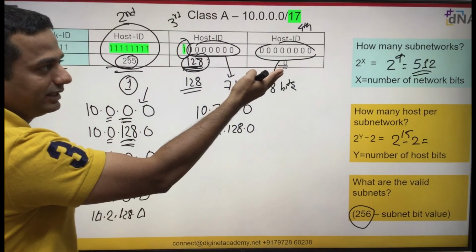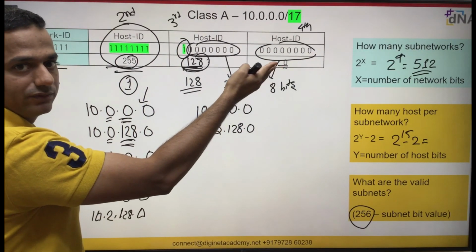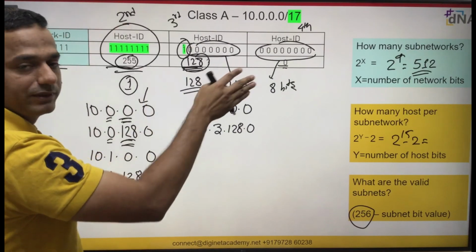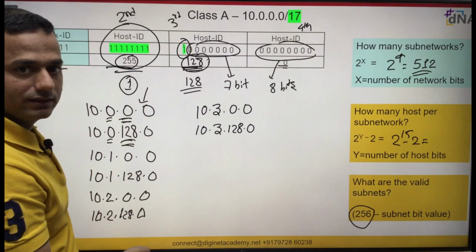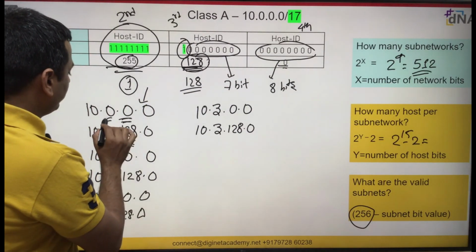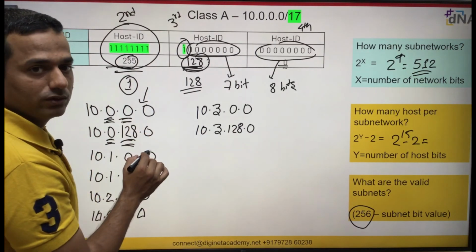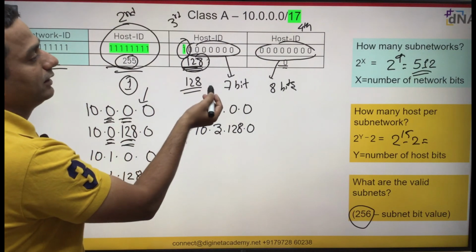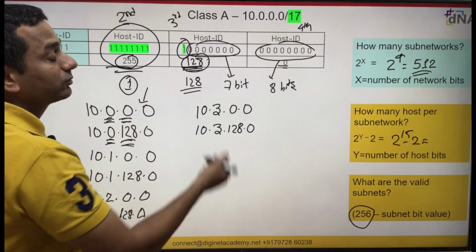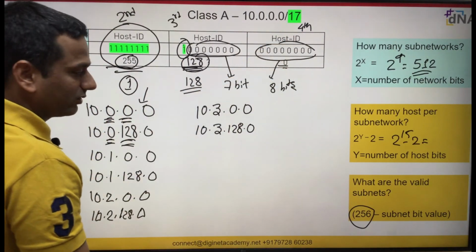We have 9 bits for subnetwork, so we have to calculate accordingly. With every value in the second octet we are getting a combination of 2, so 256 into 2 is 512. It's a simple calculation.